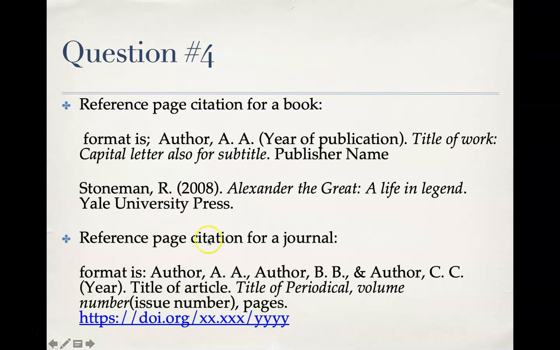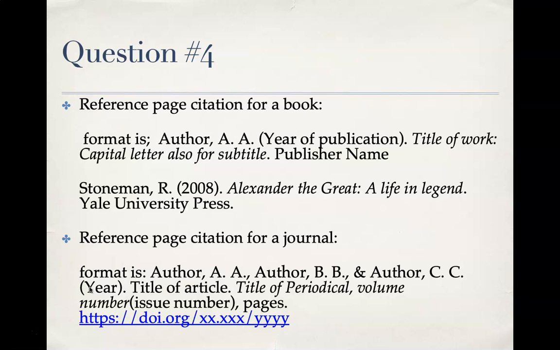Now, if you have a journal, that's where it gets a little trickier, because journals can be a print journal, one that you hold in your hand, or an electronic copy of a journal. So the format is basically the same. Usually journal articles have more than one author. So you've got author 1, author 2, author 3, the year, the title.